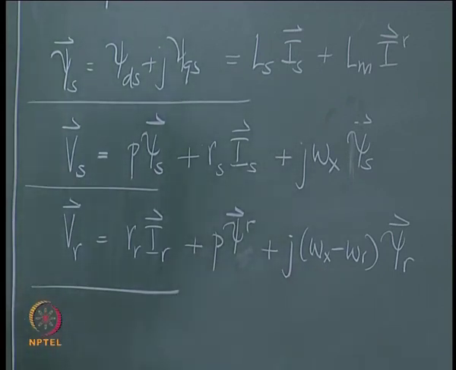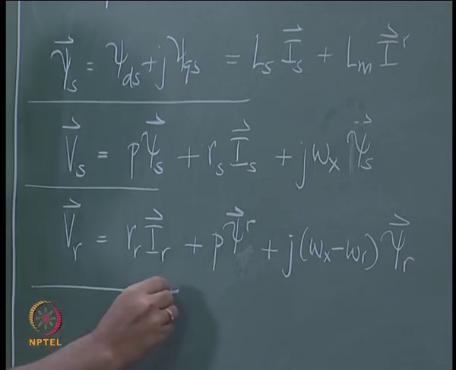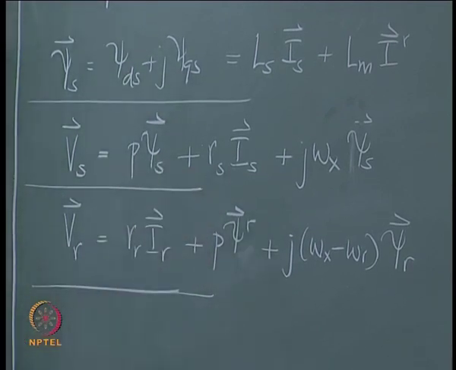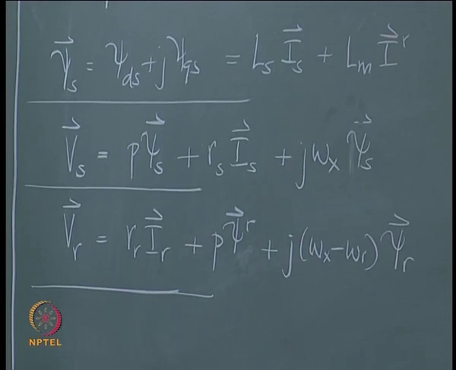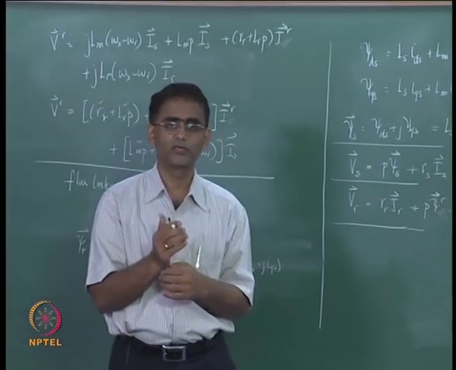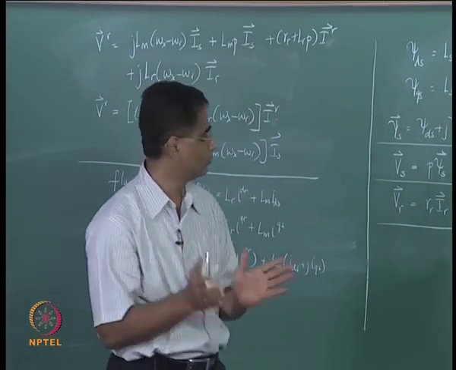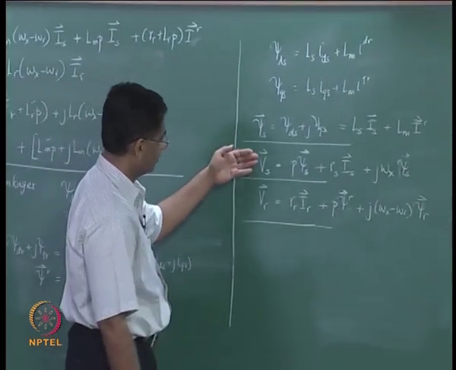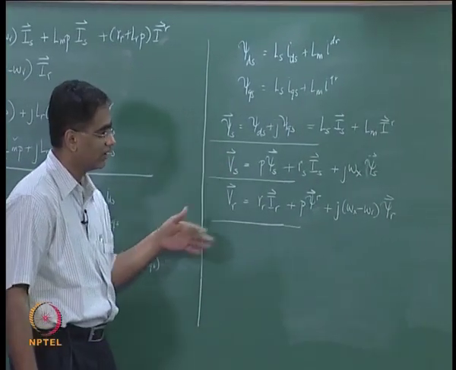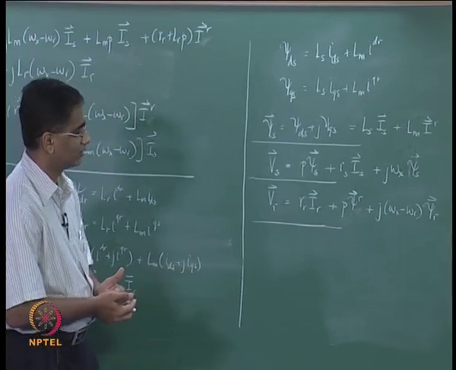So this is again what we had seen earlier. Now this kind of notation, as we have seen, is very concise and can be used to analyze or represent induction machines in a much simpler fashion. Of course, if you want to do the control as we saw in the last lecture, one has to orient the reference frame appropriately, and there one has to deal with the dq axis, and therefore this has to be resolved into its individual equations.